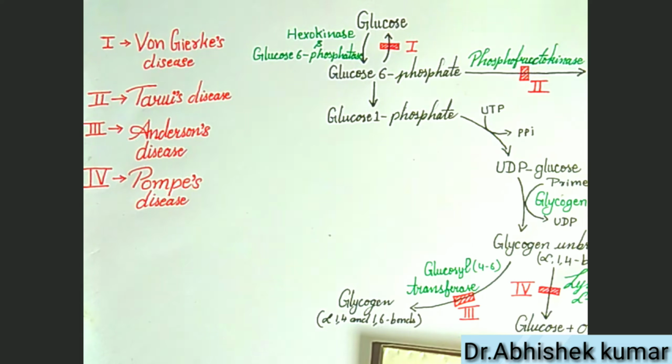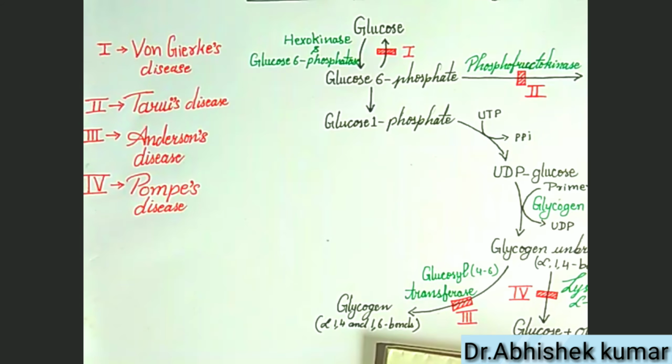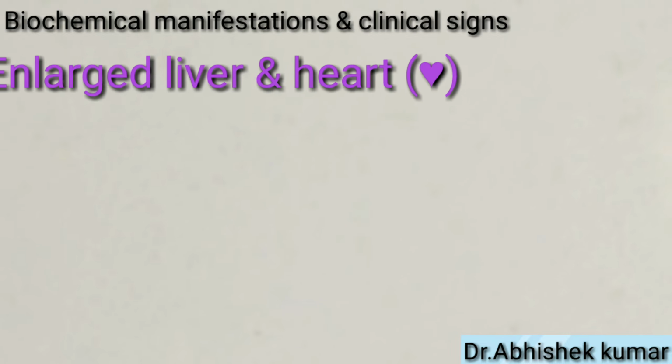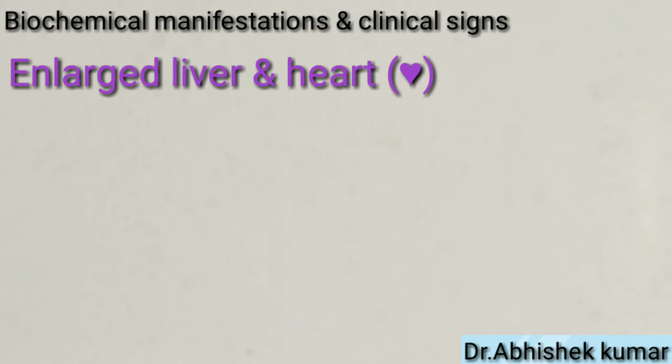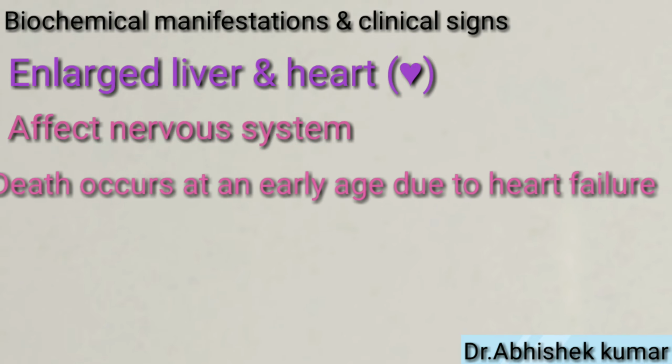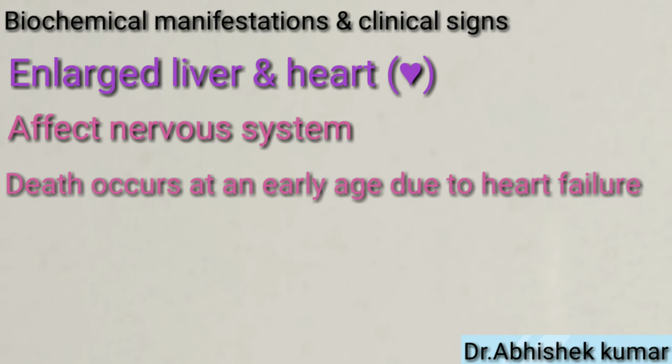Now you can see the clinical signs and biochemical manifestation. You can see the enlarged liver and heart. This is a clinical sign, and it affects the nervous system, and death occurs at an early age due to heart failure.